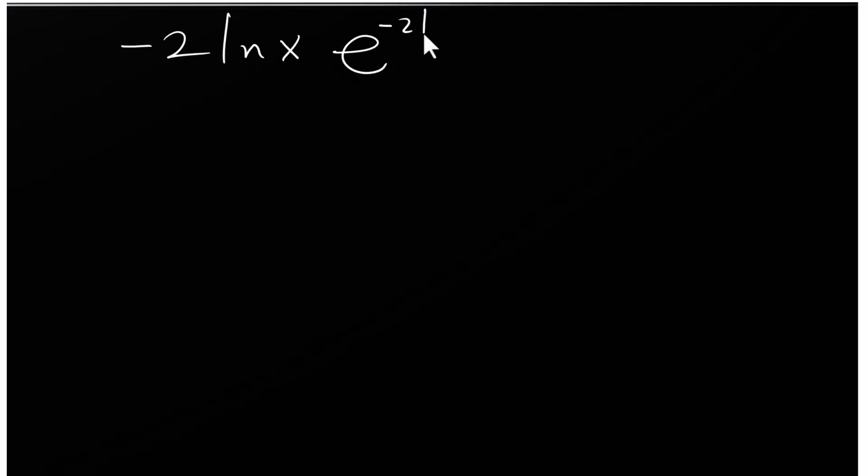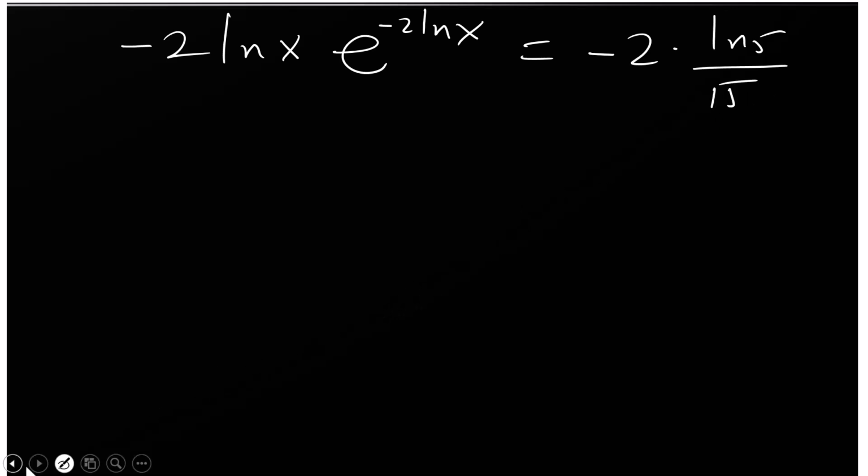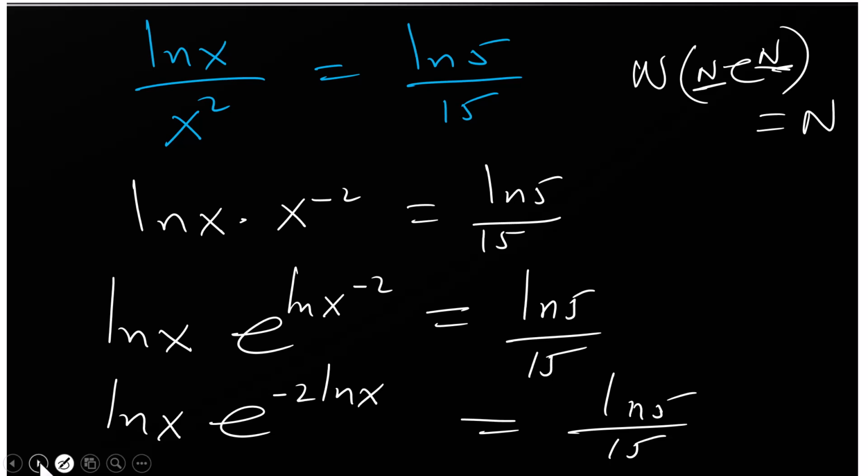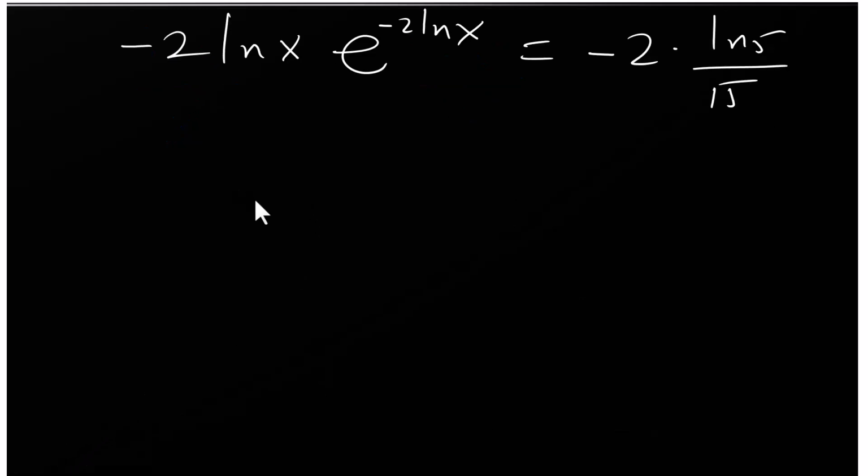So we have minus 2 ln of x e to the minus 2 ln of x equals minus 2 times ln of 5 on 15. So that's here. Okay, so with this we can go ahead and take the Lambert W function.